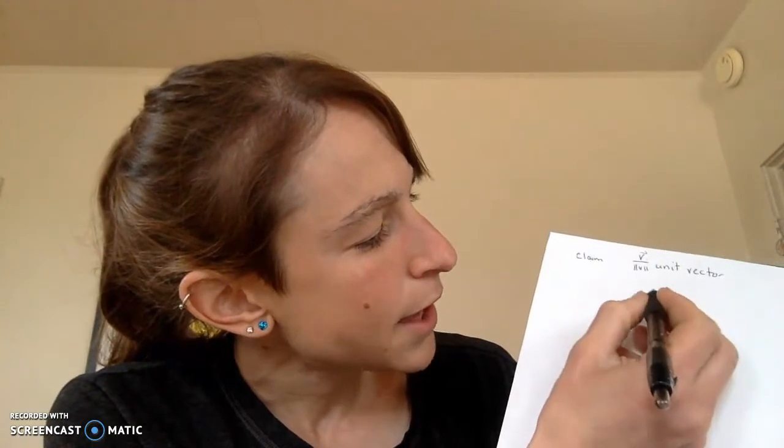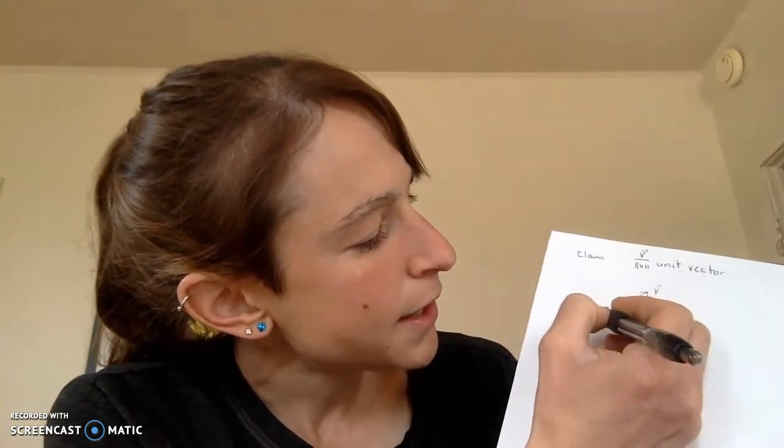So what they're trying to show is that if I have a vector v, and then I divide that vector by the norm of v, I'm going to get a unit vector. In other words, it will have norm 1. So the way to think about this is, let's say you have a really long vector, and so that would be v, and then the length of that is called the norm of v.